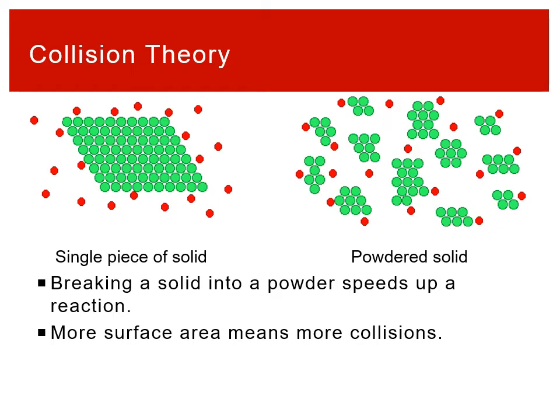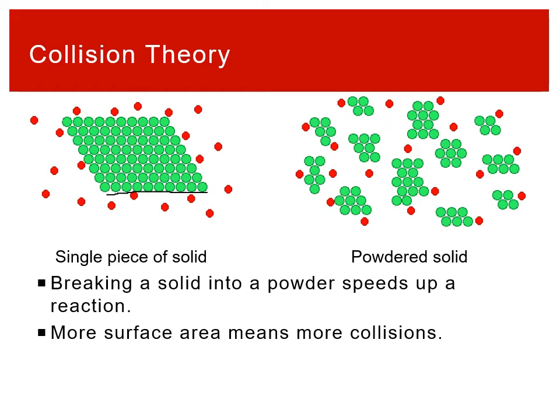So if you have a big chunk of it, like say there's a big old green solid here, if you're going to react these green molecules with the red solute molecules, well, there's not a lot of green molecules that are exposed. Because the surface area of that solid reactant is relatively low, not many molecules are exposed, meaning there are fewer total reactions.